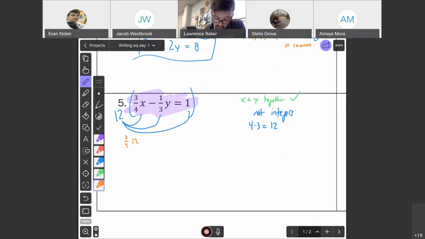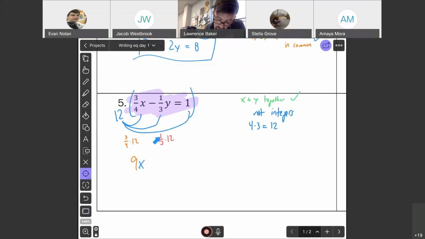So 3/4 times 12. 12 divided by 4 is 3, times 3 is 9. So that would give me 9x. -1/3 times 12. 12 divided by 3 is 4, times -1 is -4. So that would give me -4y. And of course, 1 times 12 is 12.